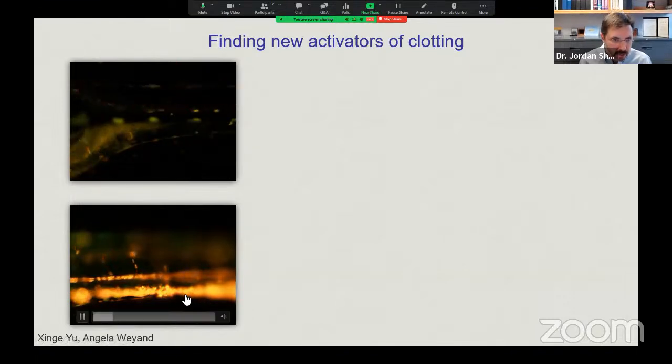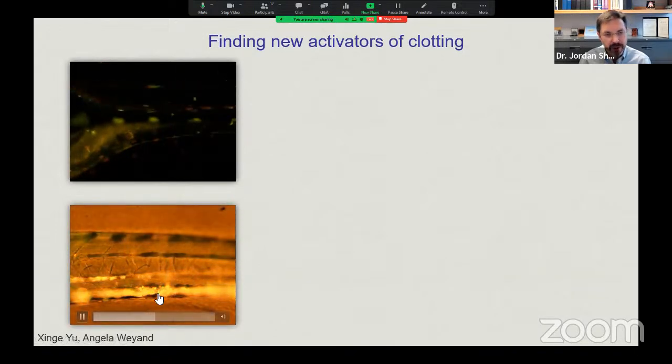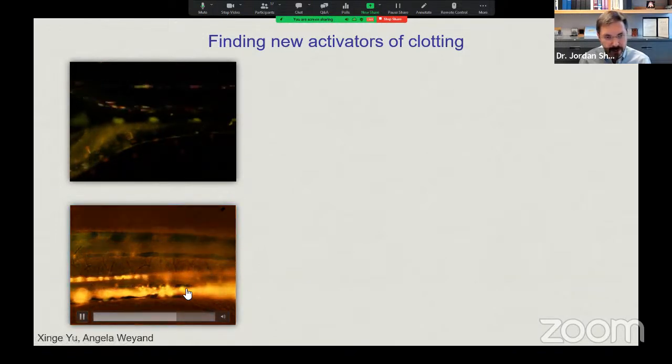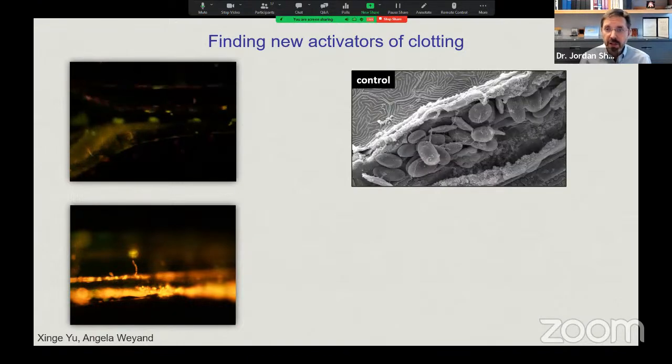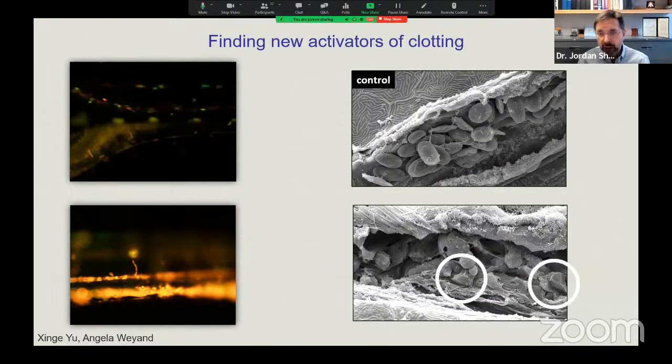If you look down here, with clots or without blood clots, you can see this fish has a big clot, and we found a compound that was promoting this clotting that potentially we hope might be useful as a treatment for bleeding disorders. And you can see what that looks like by scanning electron microscopy. You can see that when we treat with this compound, we get these polyhedrocytes again, and what we think is fibrin formation here.